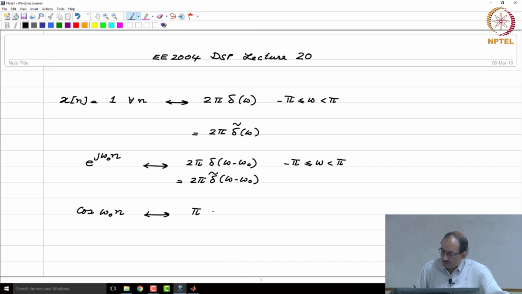This of course is pi times delta omega minus omega naught plus delta omega plus omega naught. All you need to do is take the transform of e to the j omega naught n, and when you express cos omega naught n as e to the j plus e to the minus j by 2, you'll get the final answer.